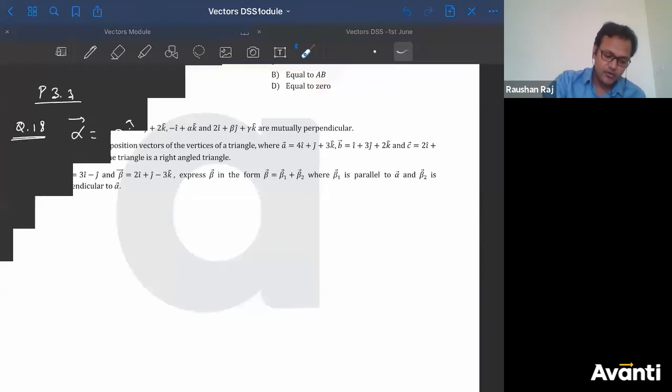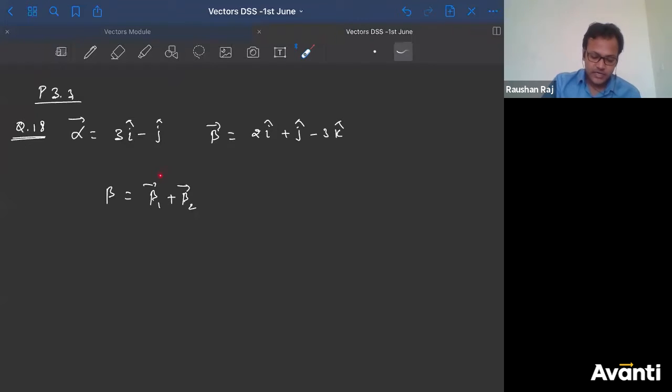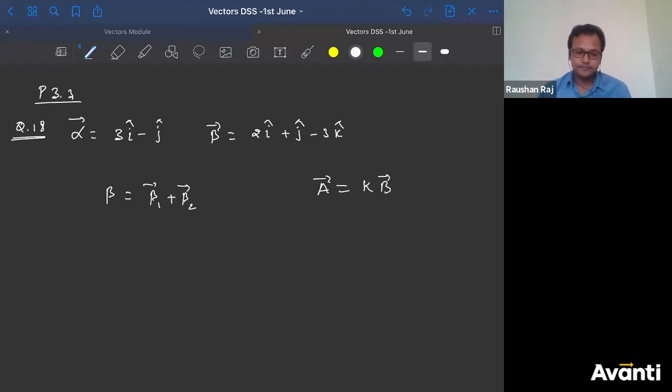So beta 1 is parallel to alpha. What is the meaning of this? How do we write parallel vectors? Can I say if I write a vector a is equal to some constant k into vector b, what does that mean?